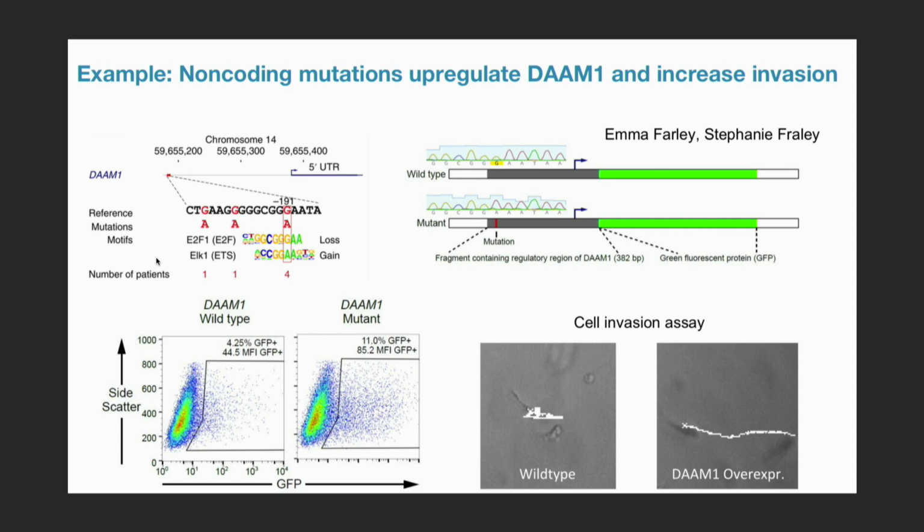So here, 4 of those patients mutated, in fact, the exact same site, changing a G to an A at base pair minus 191 upstream of the DAM TSS. And suggestively, that change altered what looked to be an E2F family transcription factor binding site to an ETS family transcription factor binding site.